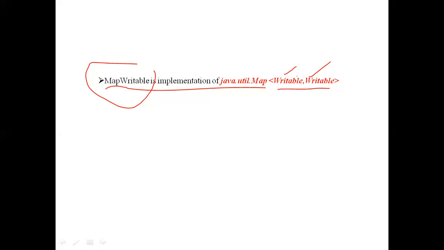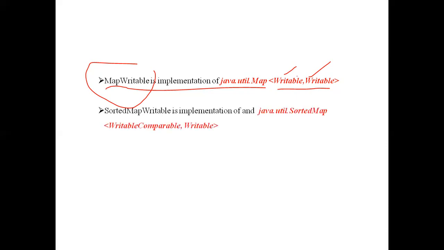Yeah, that is the first one. MapWritable is the implementation of java.util.Map<Writable, Writable>. With this one, the MapWritable can be implemented. Similarly, when we see the SortedMapWritable, it is an implementation of java.util.SortedMap where the key is WritableComparable and the value is Writable.